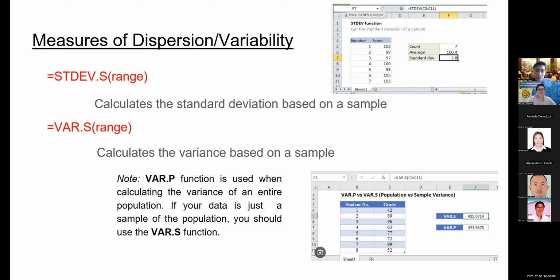This calculates the variance, also based on a sample. Note that we also have the VARP function, which is used when calculating for a population. And as with VAR.S, the same is true for STDEV.S. We also have STDEV.P for the population.